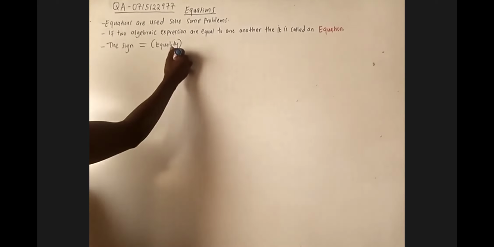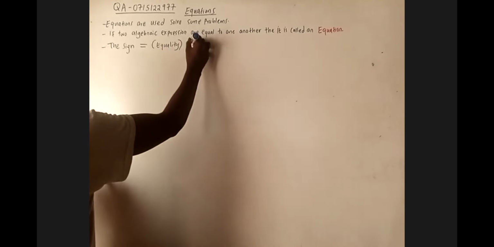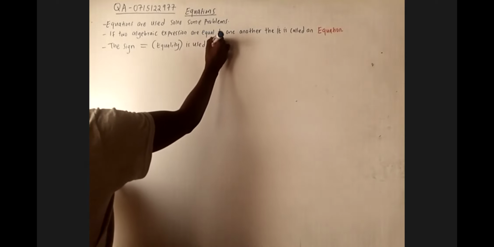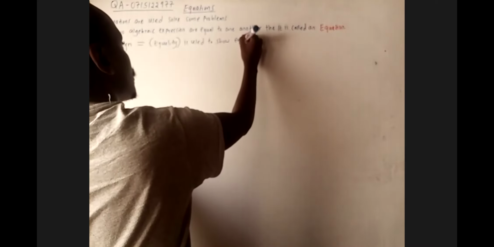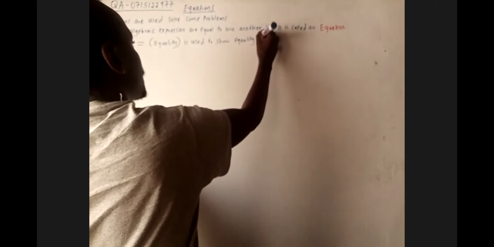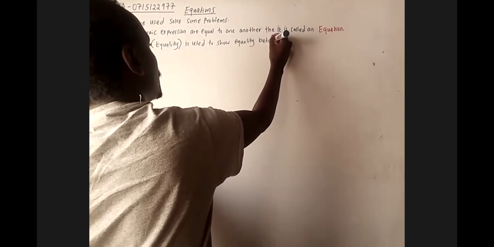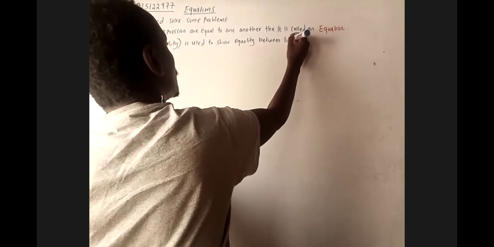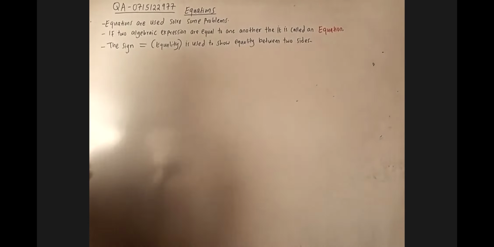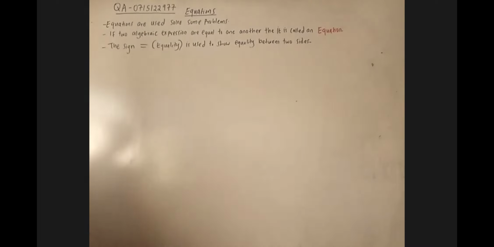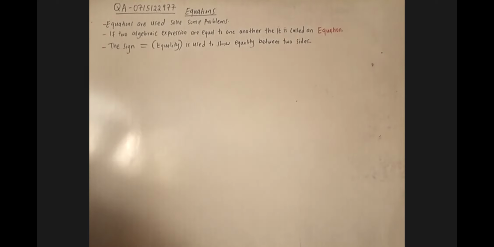Equality is used to show equality between two sides. So that sign, the equal sign, is used to show the equality between two sides.